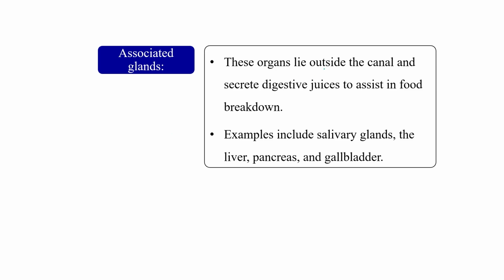These glands lie just outside the canal and mainly help to secrete certain kinds of digestive juice, which assist in the food breakdown, like the salivary gland, liver, pancreas, and gallbladder.